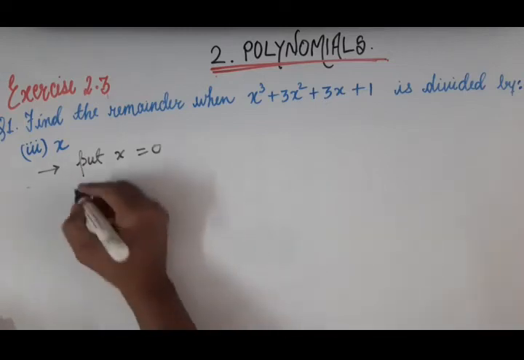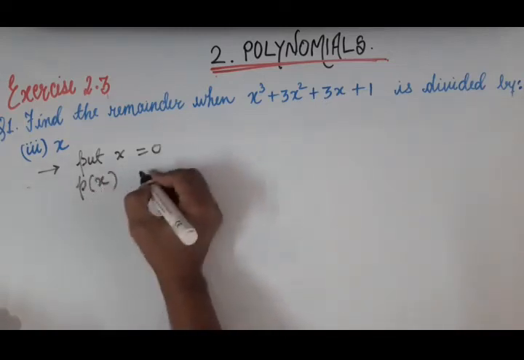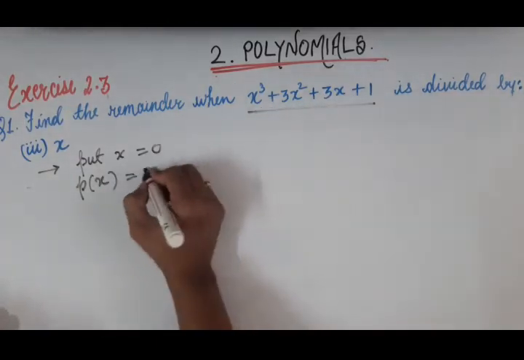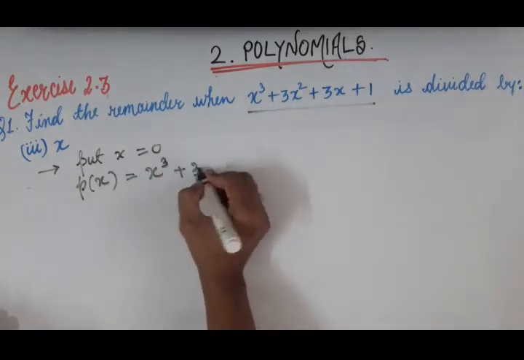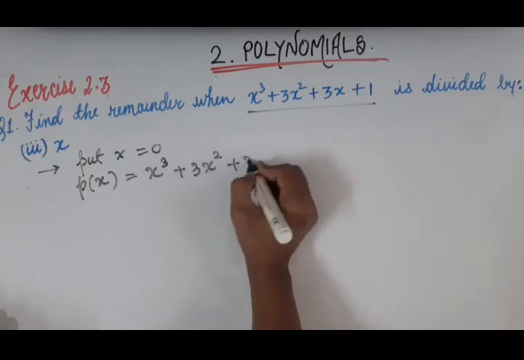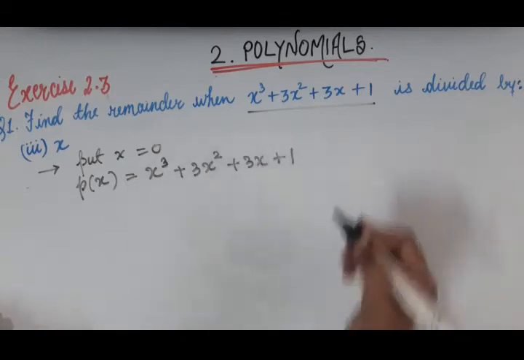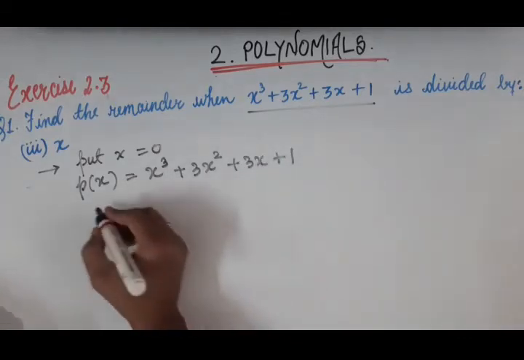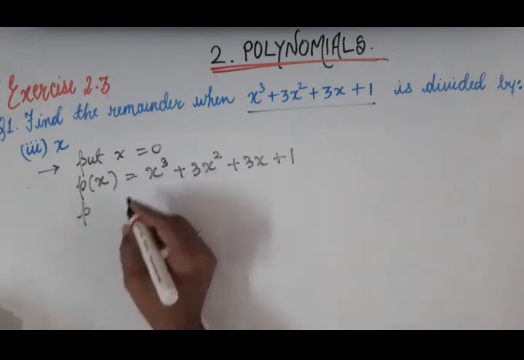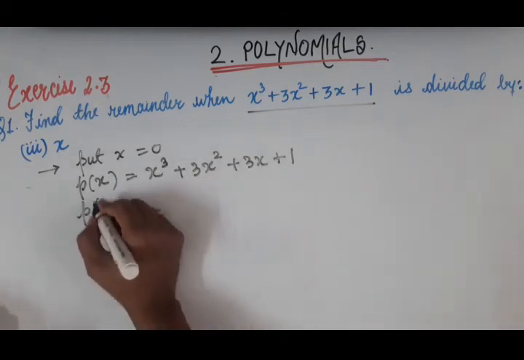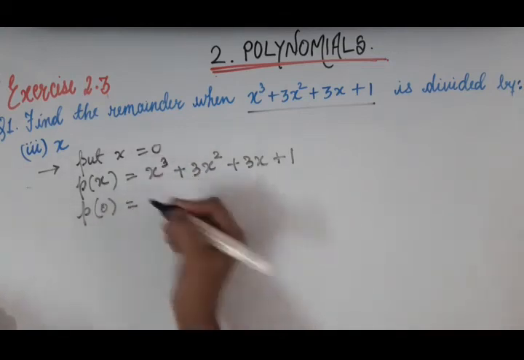Okay. Now what is your dividend? P of x. It is x cube plus 3x square plus 3x plus 1. Now put the zero of the divisor in the dividend. What you will get? P of 0.